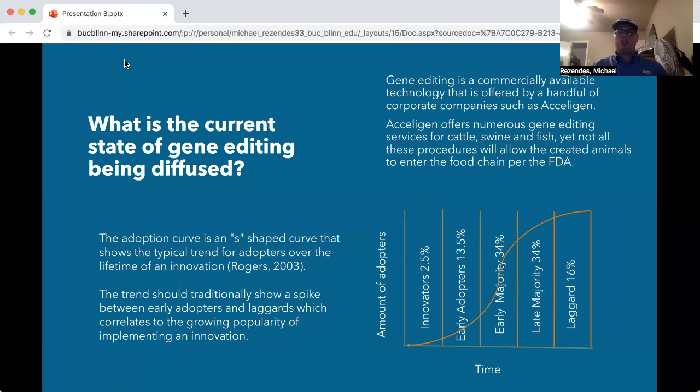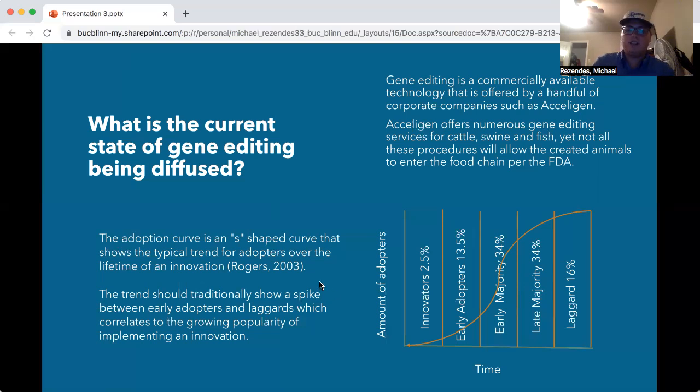The trend line should show a spike between early adopters and laggards, as we see reflected here with our orange S curve. When we think about gene editing and where it's at in its current state, we talked about Acceligen having commercially available technology, but not all this technology is approved by the FDA. And if we think back to our timeline, it's an extremely new concept here.